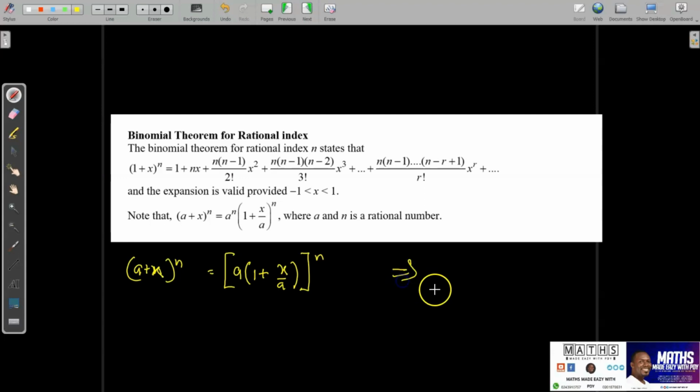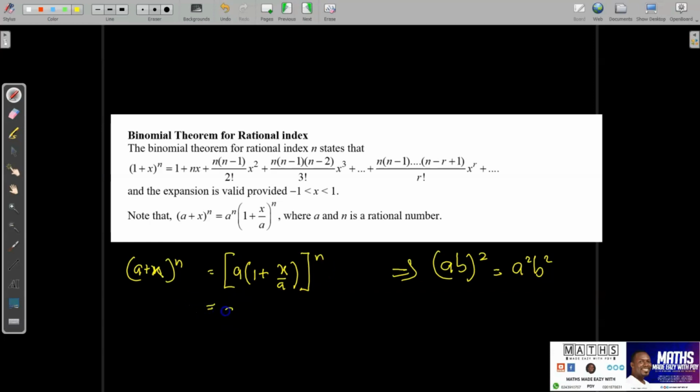Again, you bear with me that under powers of numbers, if I have a, b, and they are multiplying all to the power 2, the expansion of this will give me what? A squared, b squared. Very good. So it means if I have a multiplying 1 plus x over a, all raised to the power n, then the n will affect the a separately and equally affect the 1 plus x over a separately.